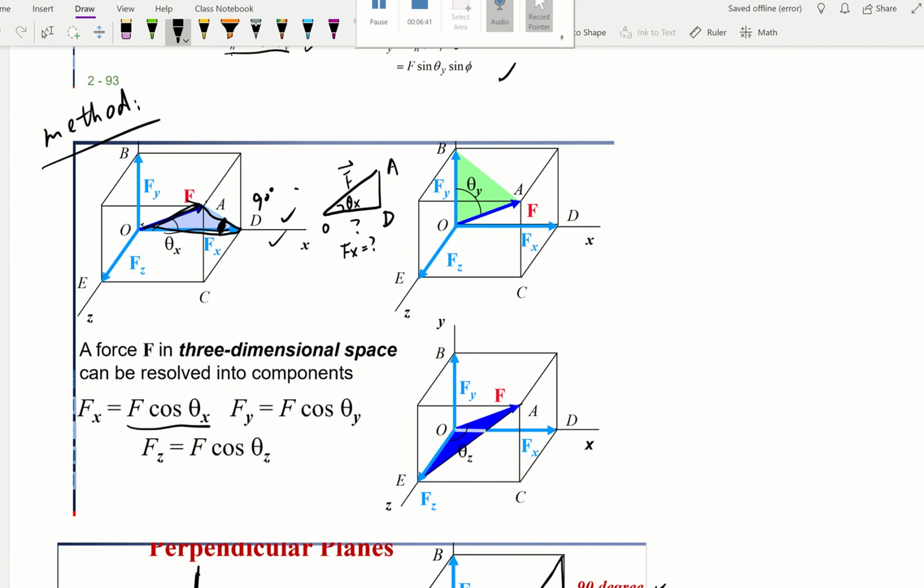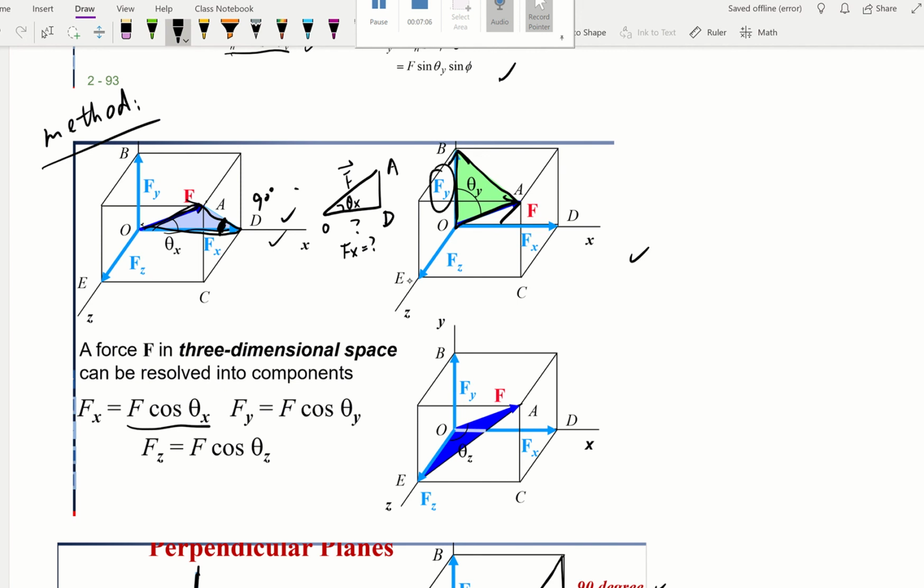Now we are going to continue to look at other projections, and hopefully we're going to get other right triangles as well. For example, in this sketch here, we have this green triangle that is OAB. This is the force we decompose, OF, and Fy is what we're solving for right here.